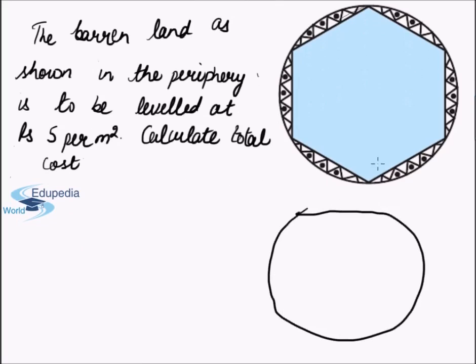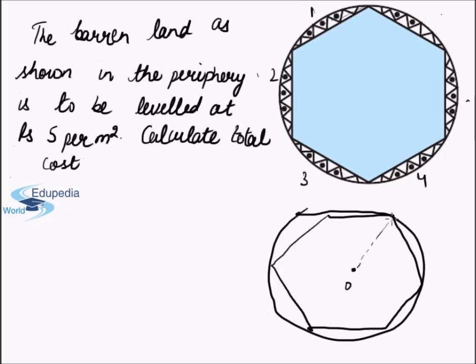We have a circle and we have as a whole 1, 2, 3, 4, 5 and 6 such pieces of barren lands.